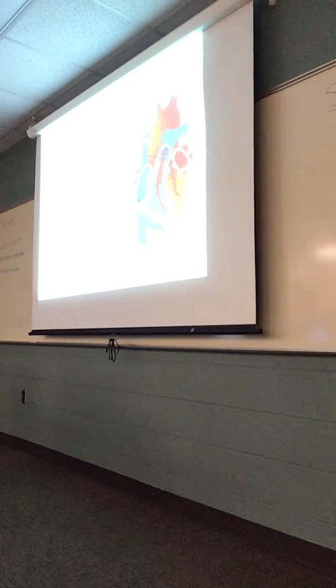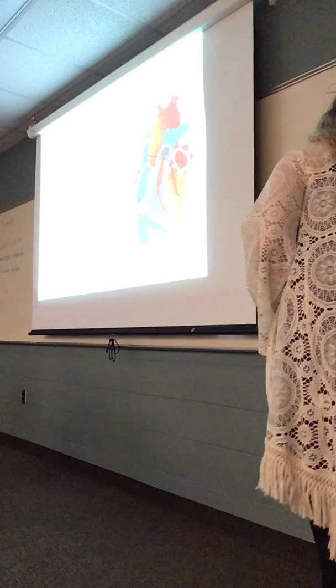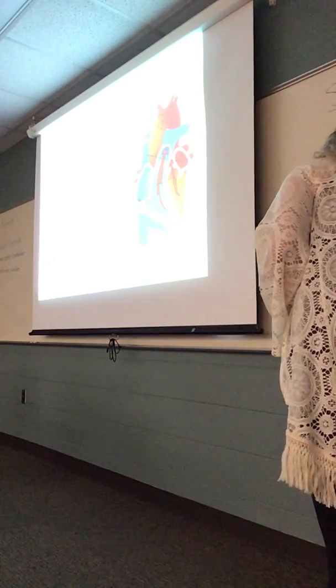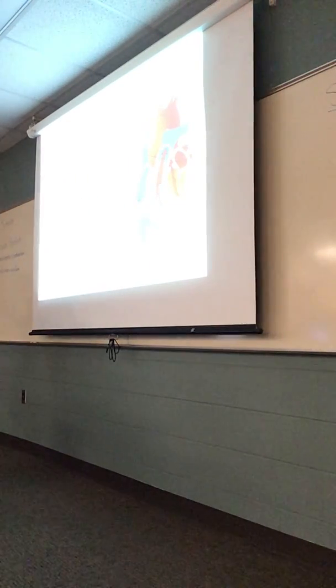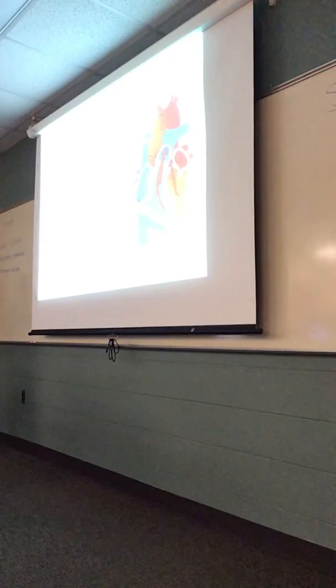Our average end systolic volume? 60 milliliters. So an average stroke volume is 70 milliliters. Easy enough, right? So that's usually our volume ejected. What questions do we have so far?